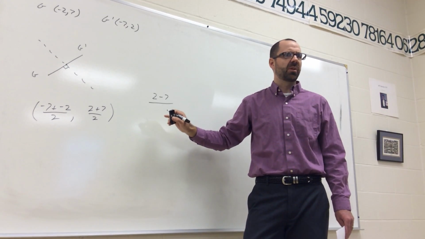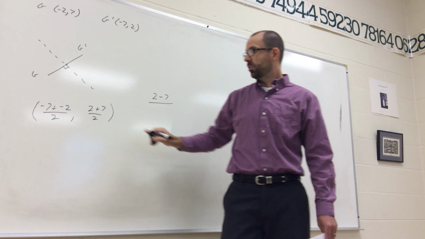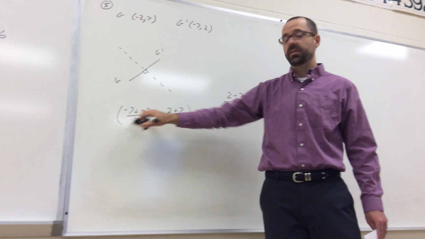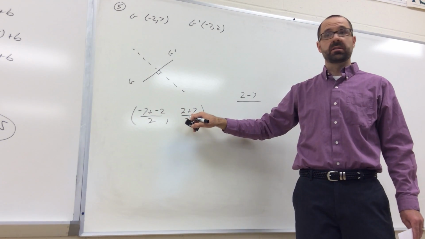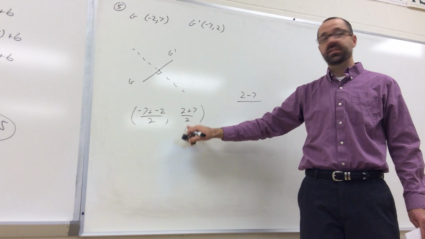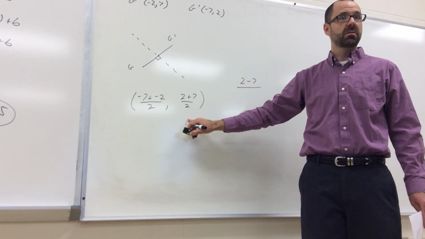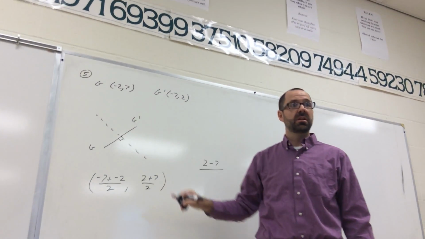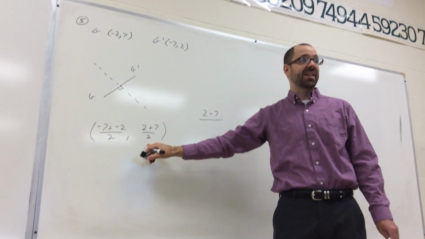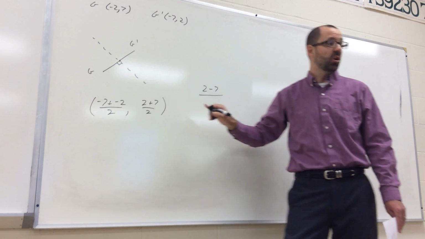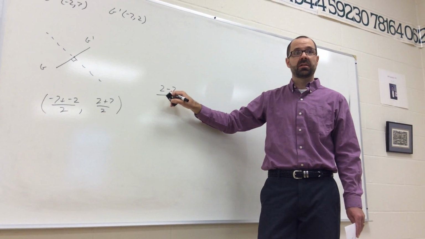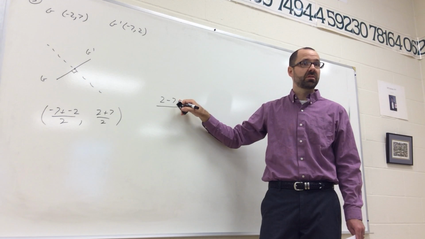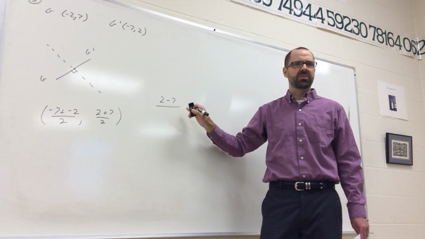So just again to talk about the formulas. With midpoint, you add. And the y's come second. See, the y's are positive 2 and positive 7. So I added them, and I did that second. But with slope, I'm subtracting, and the y's are first. So that's hard for people to remember.